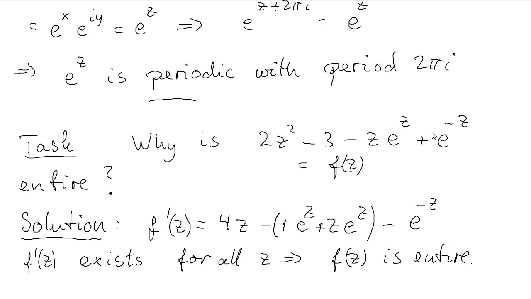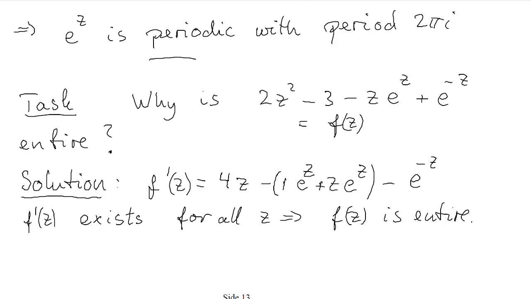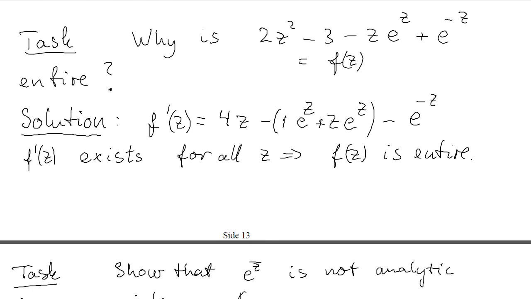So this is possible to differentiate very easily, and in fact here is the derivative of this function. So this shows that the derivative exists for all z, and this by definition means that f of z is entire.